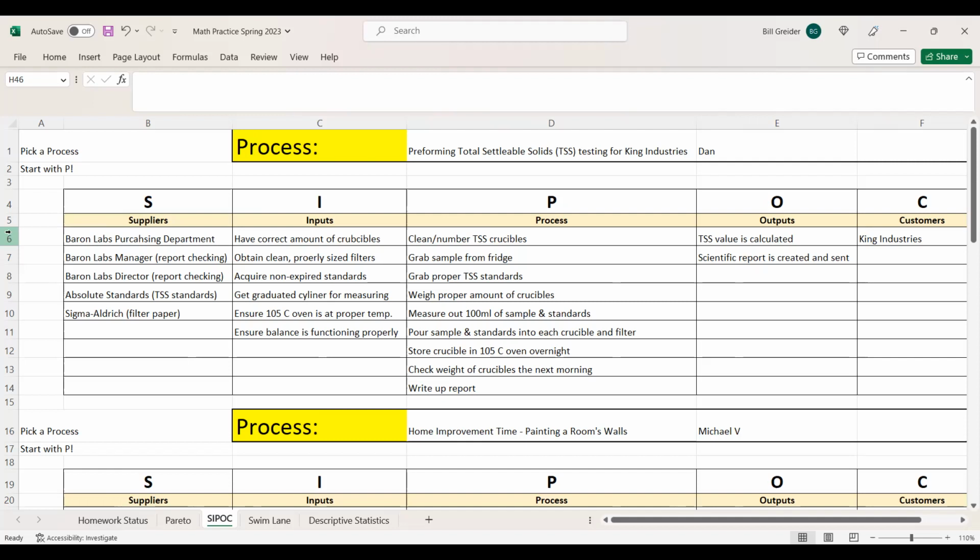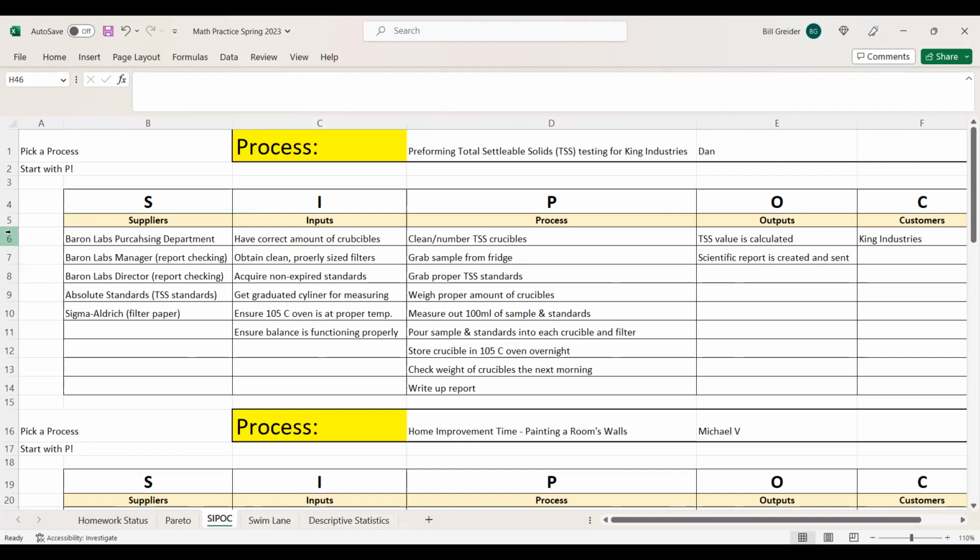And then in terms of the suppliers, you mentioned that suppliers could also mean not just where we buy things from, but also people within the company and when things get handed to other people. So our purchasing department handles the orders given to them to purchase our standards and other things we need for testing.